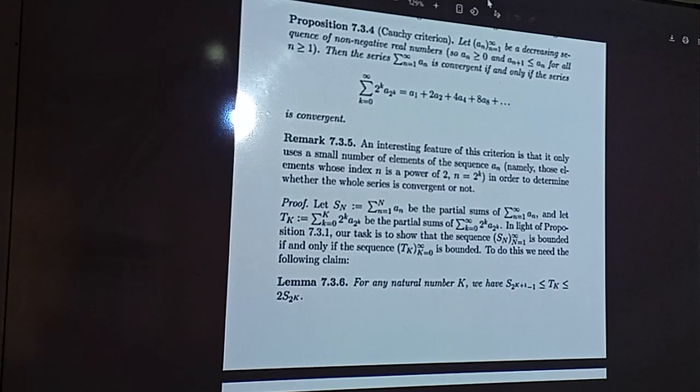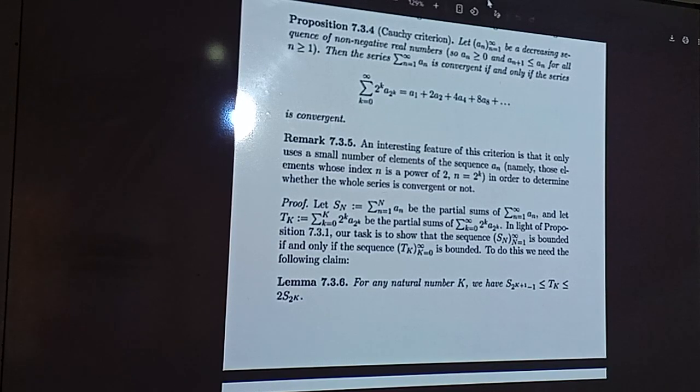For the Cauchy condensation test, the limit part is not there, only decreasing. What it says is, sigma a_n converges if and only if sigma 2^n a_{2^n} converges. Very important one. Actually, there is an application here right away, Corollary 7.3.7.